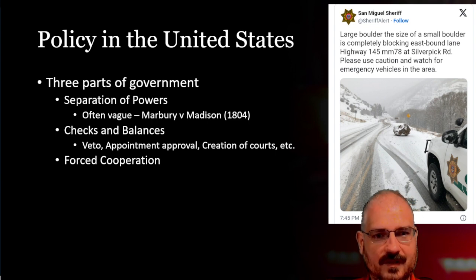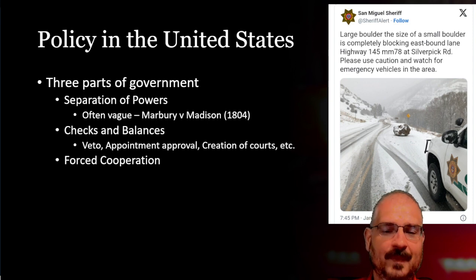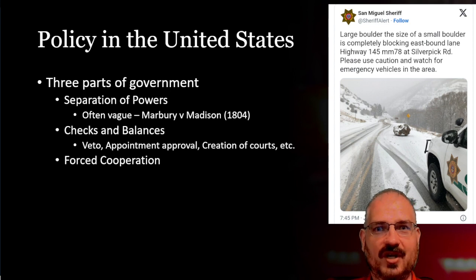So, for instance, the Constitution establishes the Supreme Court, but doesn't really say what the Supreme Court's job is. So, it was an early Supreme Court case, Marbury versus Madison, which is maybe the most famous Supreme Court case of all time, where the Supreme Court kind of gave itself the job of judicial review.